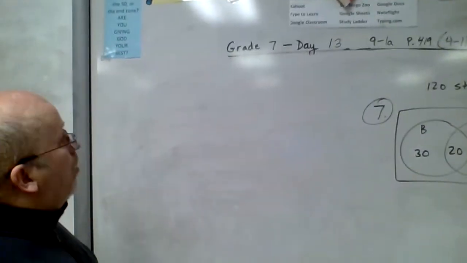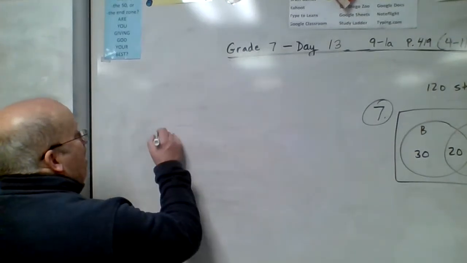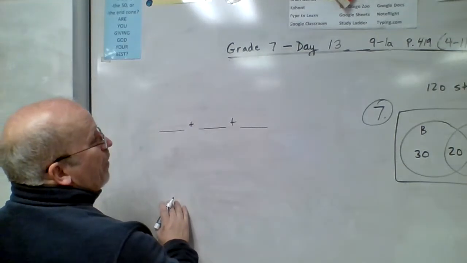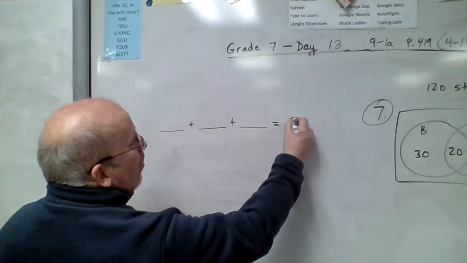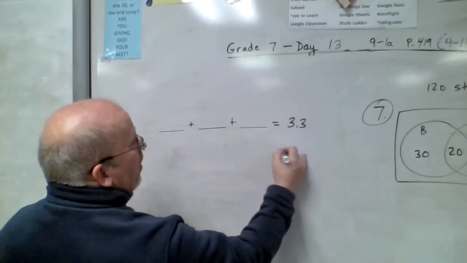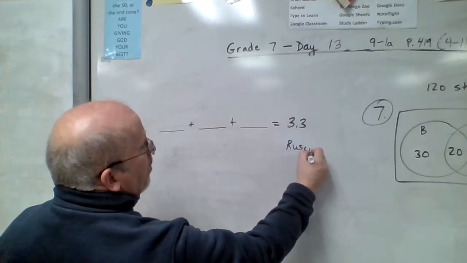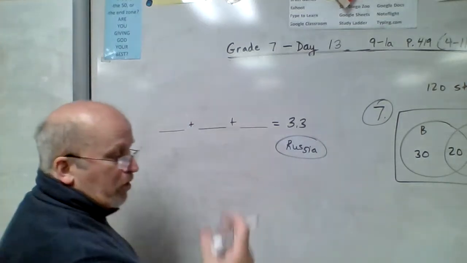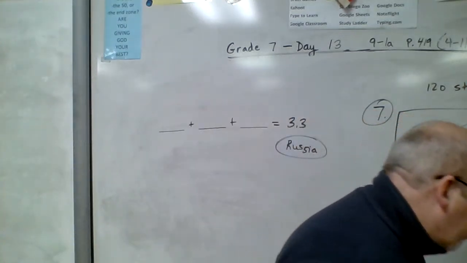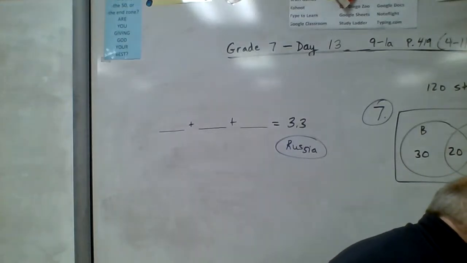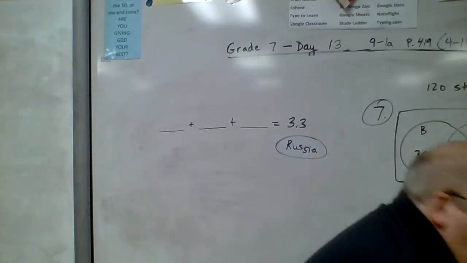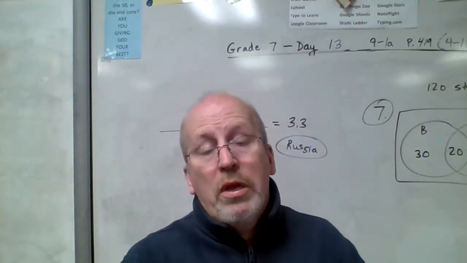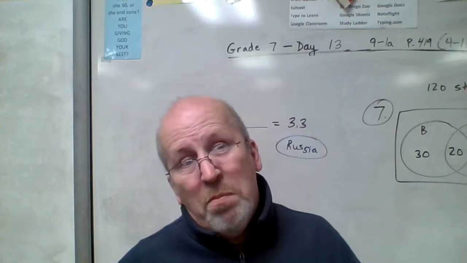Well, you are going to look for the names of 3 countries that when you add up their land equals that 3.3 that Russia has in our chart. We need the names of 3 countries. So for example, maybe your answer is going to be something like Canada, Brazil, and China. If those 3 countries' numbers add up to about 3.3 million, then that would be your answer.